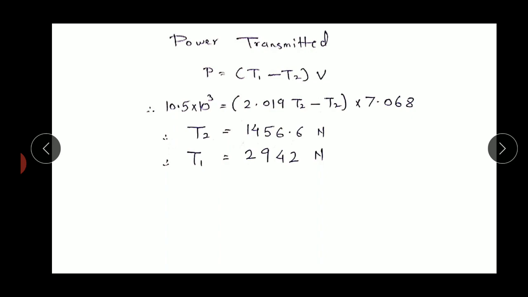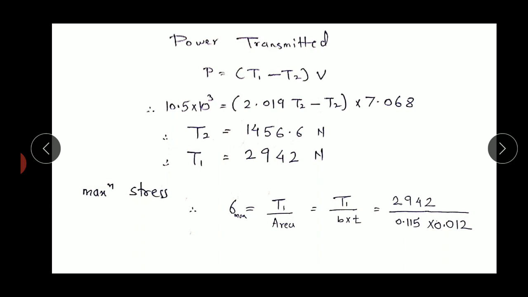Yet our question is not complete because we have to find the stress in the belt on the tight side, that is the maximum stress. So maximum stress sigma max is equal to T1 upon area, that is force upon area, and the maximum force is the tension on the tight side. So 2942 divided by area, which is B into T. Width is 0.115, it is given in the question, and thickness is also given, 0.012 meters.